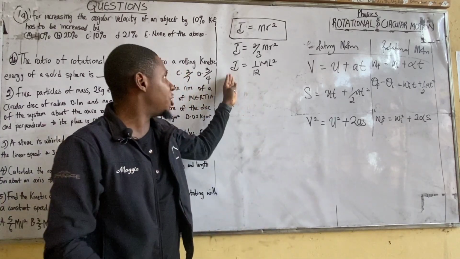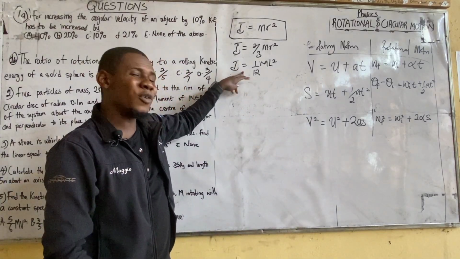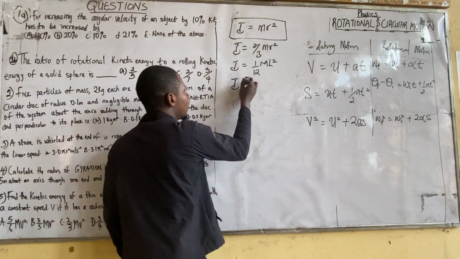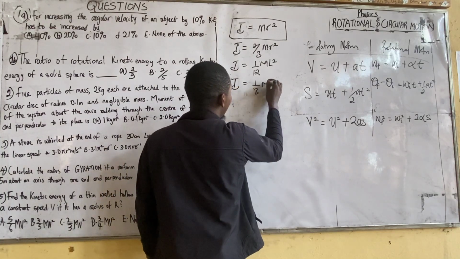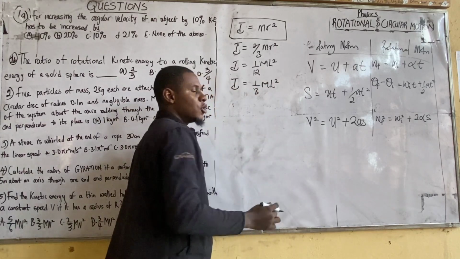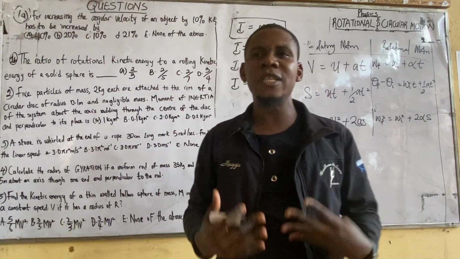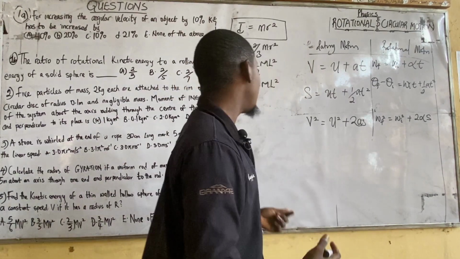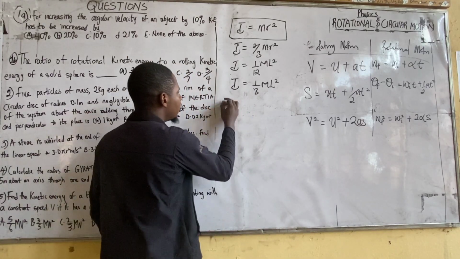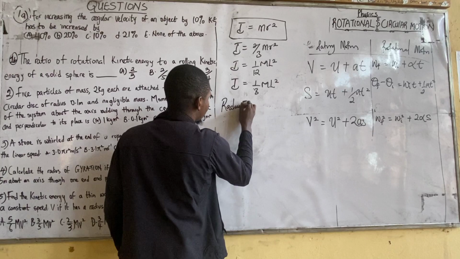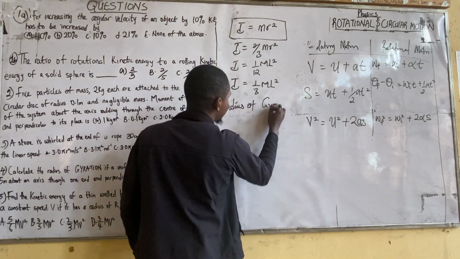While the moment of inertia of a rod from its axis or the edge is given to be 1/3 ml squared. So different bodies, different moments of inertia. Now, knowing this, let's now look at what we call the radius of gyration.